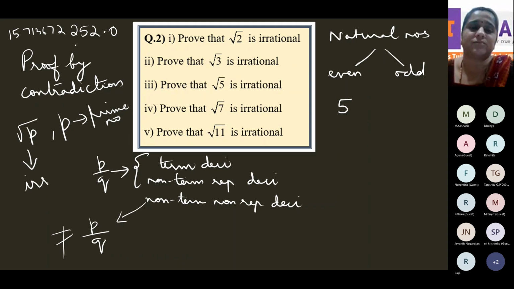So it's a terminating decimal, and the division has come to an end with a 0 remainder. So when you divide P by Q and the remainder is 0, the quotient is a terminating decimal, or P by Q has a terminating decimal expansion.